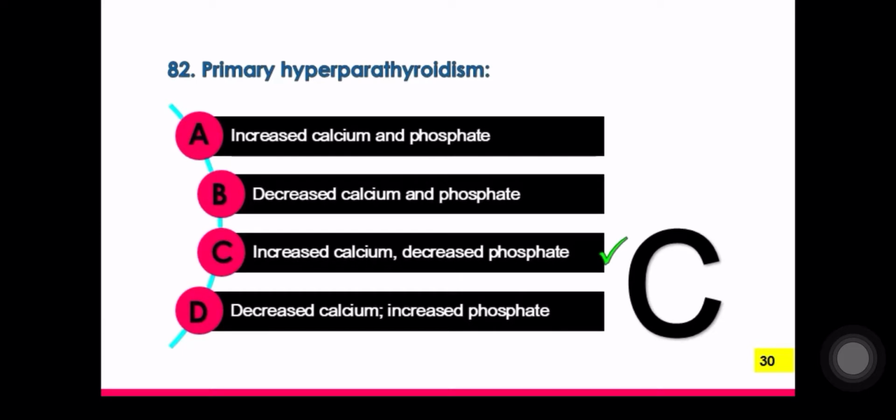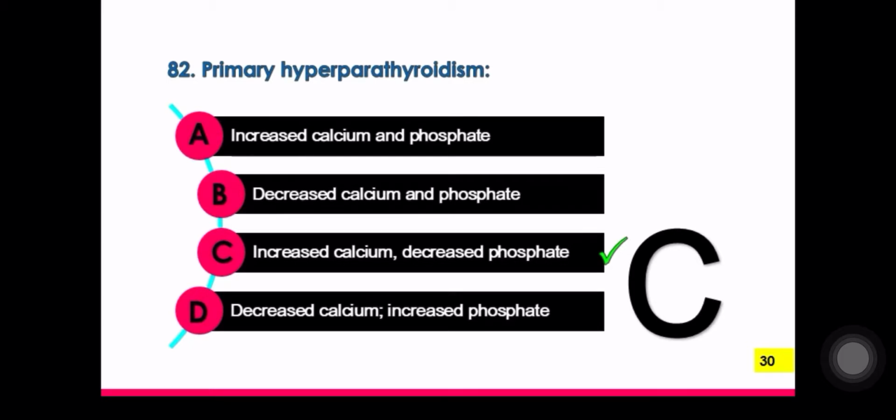Primary hyperparathyroidism most often results from parathyroid adenoma or hyperplasia. Additionally, it can be associated with other endocrine disorders, collectively referred to as multiple endocrine neoplasia, involving the pituitary, pancreas, thyroid, and adrenal glands. Serum calcium is increased, PTH is increased, and phosphorus is normal to decreased in primary hyperparathyroidism.